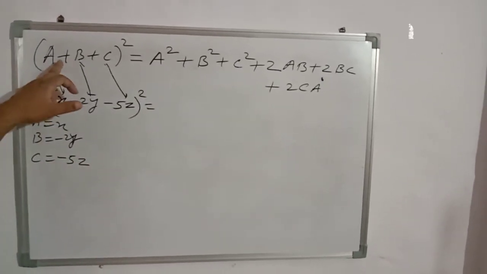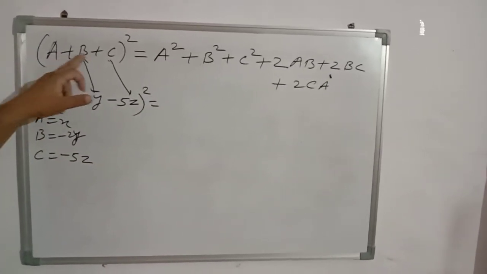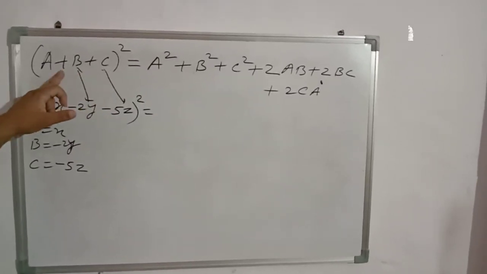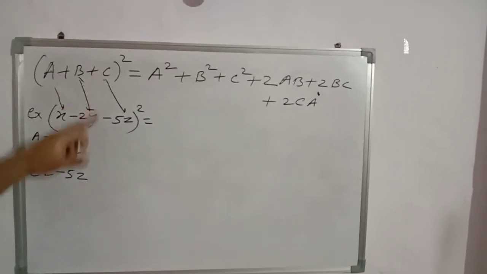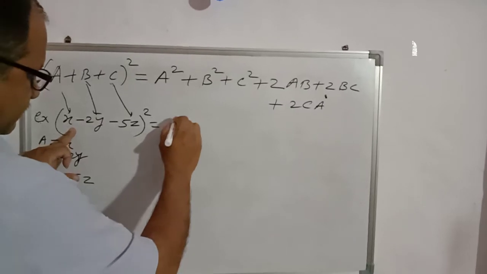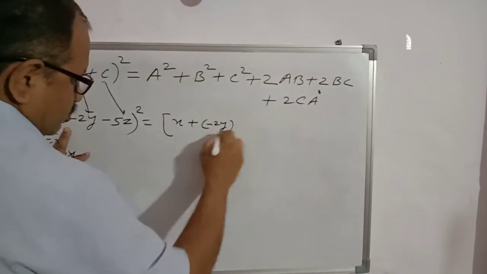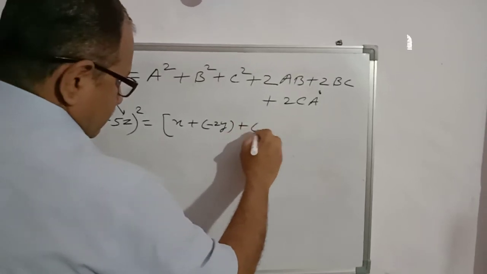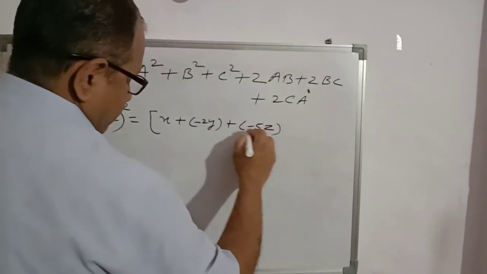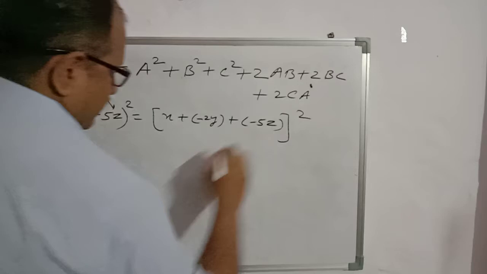Here in this identity we see that there is a plus sign between the terms, no minus sign. So we can also write it like this: x plus (minus 2y) plus (minus 5z) and then whole square.